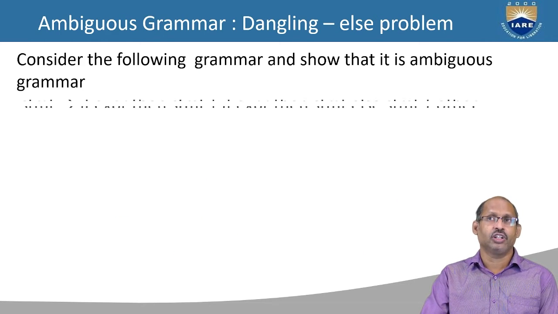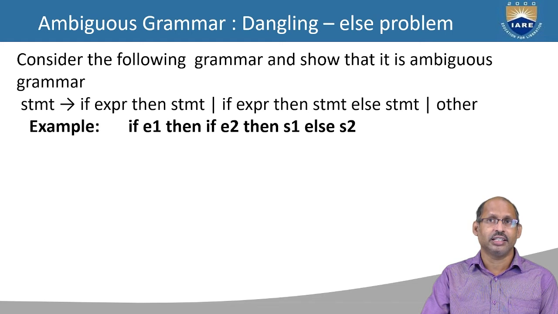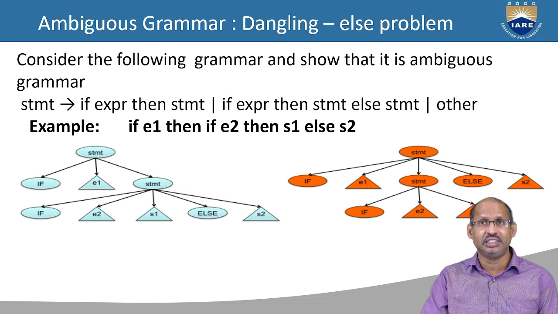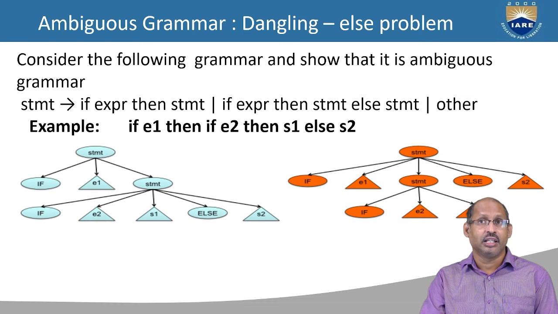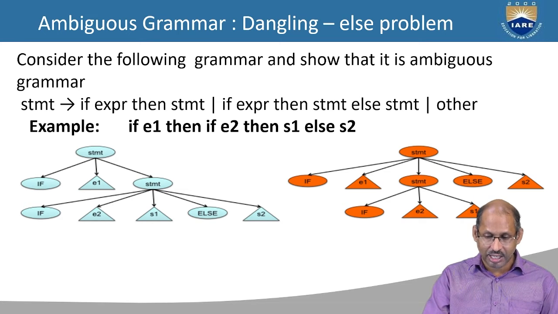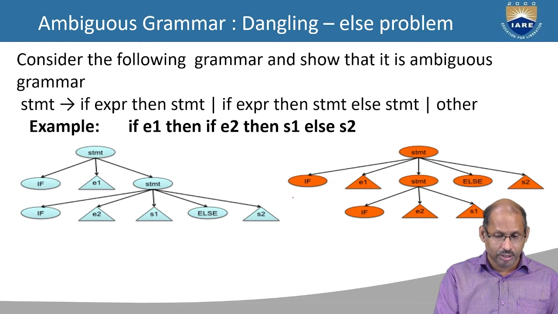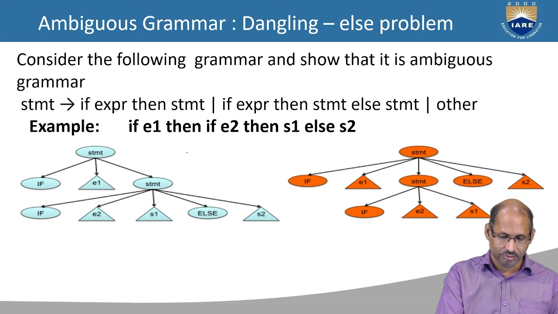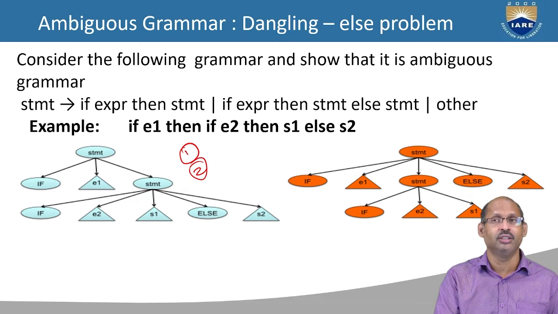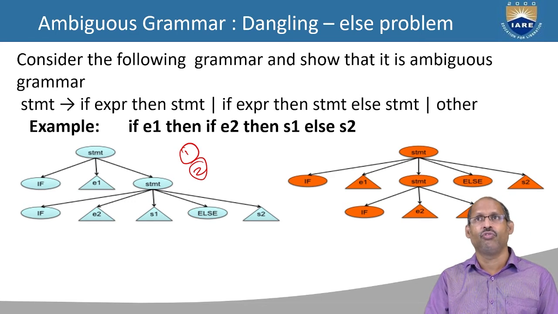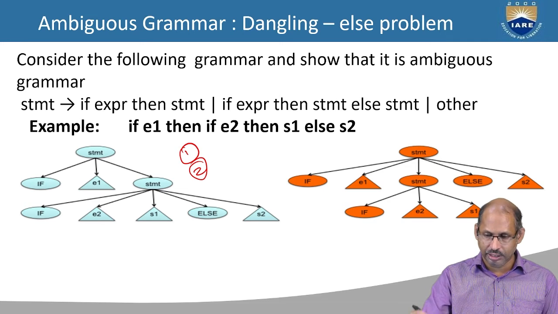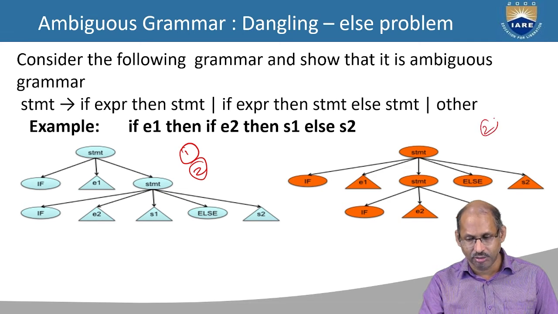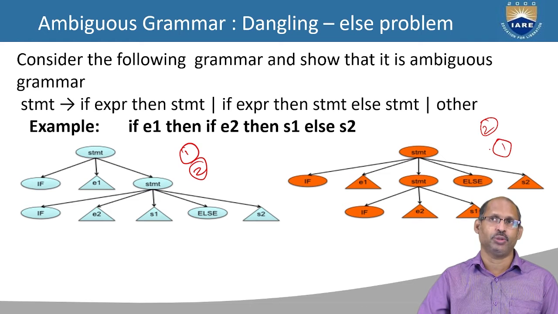Now consider the following grammar once again. That is ambiguous. Previously we checked that if expression then statement, and if expression then statement else statement, is ambiguous, where they result in two derivations: first production followed by second production, and second production followed by first production.